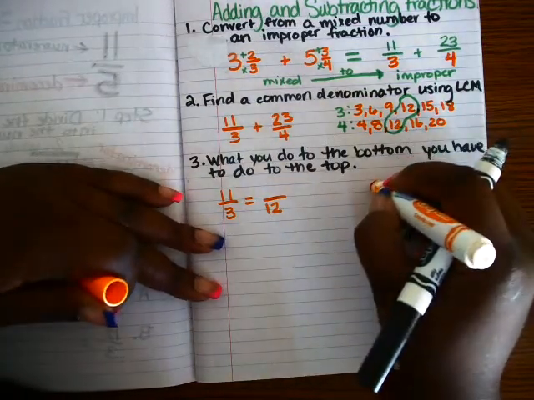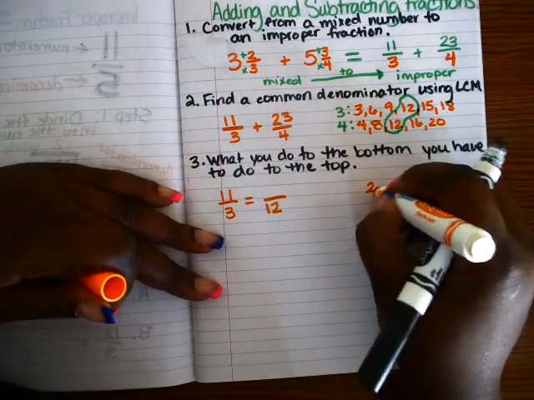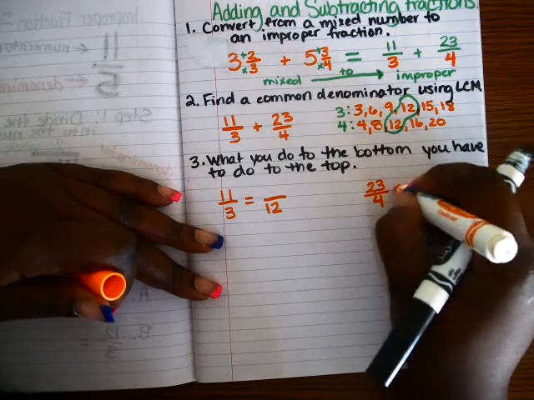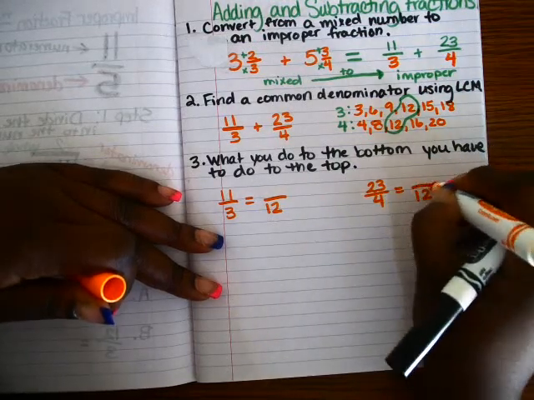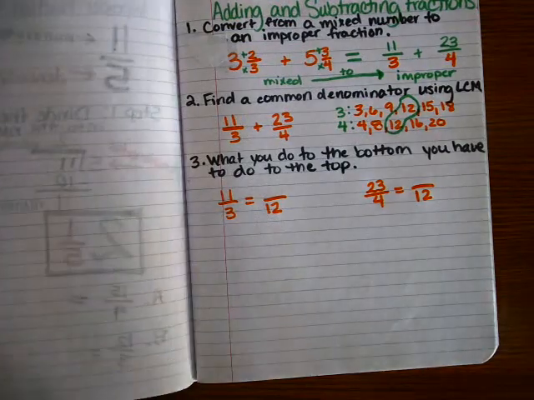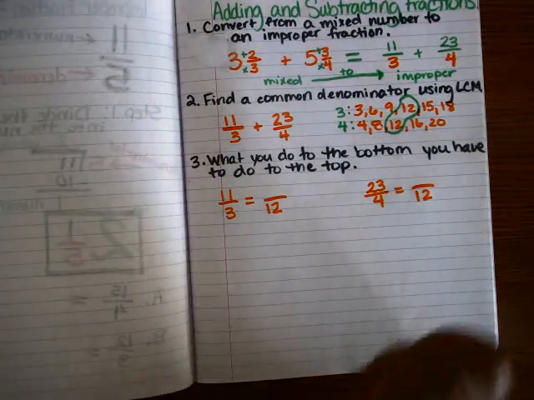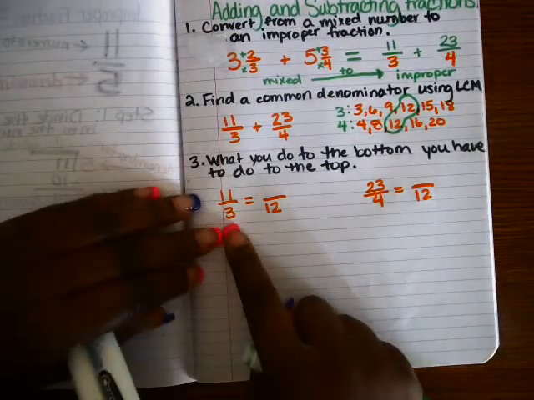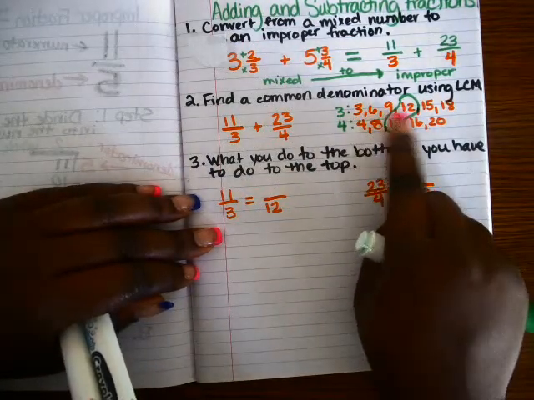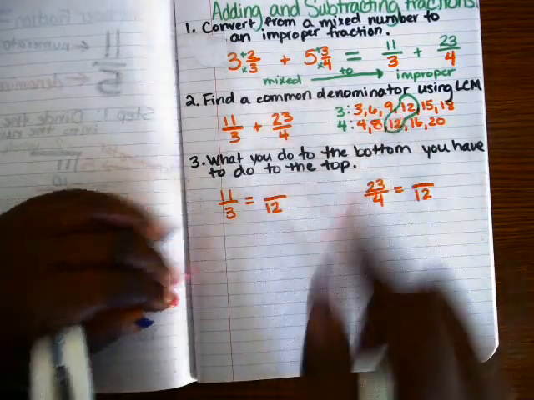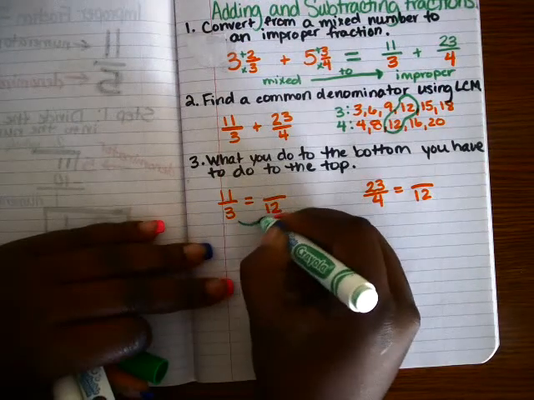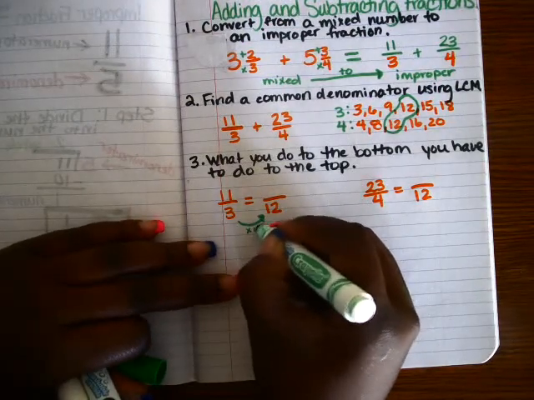And then our second fraction was 23/4, and we want to change that to where it has a denominator of 12. Well, how do we do that? If you look here in the 3 section, it took 1, 2, 3, 4 numbers to get to 12. Or we just multiply times 4.